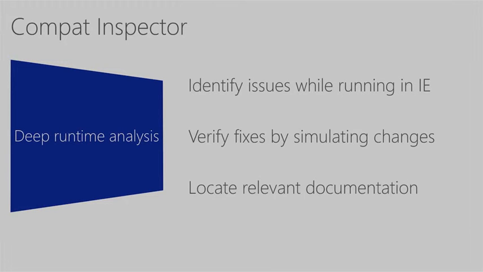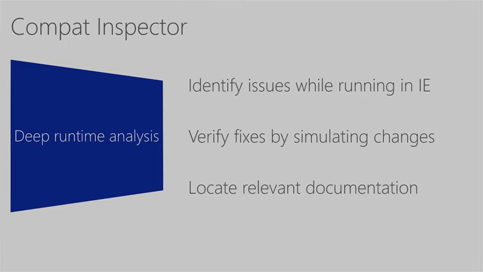Complementing Modern IE is Compat Inspector. Whereas Modern IE's code scan is static analysis, Compat Inspector actually runs at runtime and analyzes how your code is executing within Internet Explorer. This allows it to provide deep analysis of issues. In addition to that, it can allow you to simulate on the fly making some of these fixes to your code so you can immediately know whether that's the only change you need to make in order to fix your content.